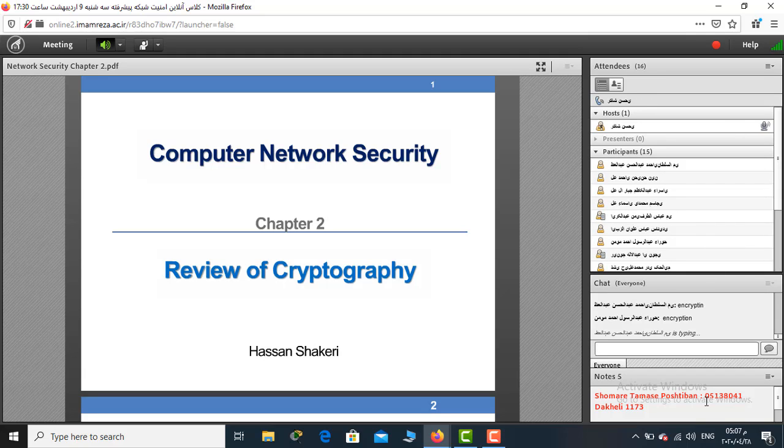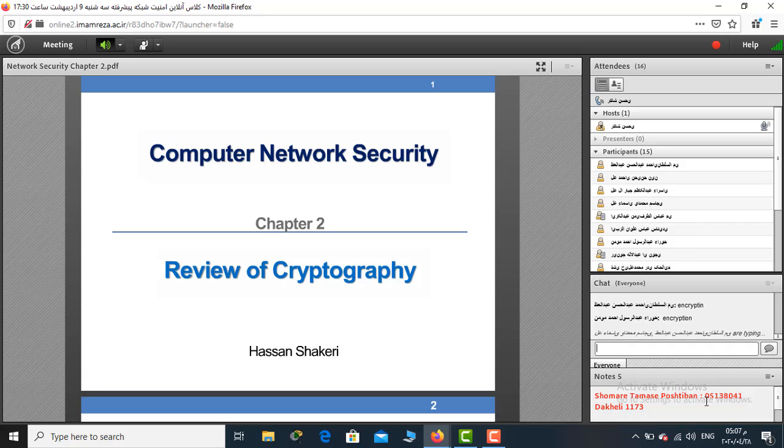Encryption means converting the main message or text to an encoded message that is not understandable. Even if the attacker can get the message from the line, he or she will not be able to understand the content of the message.